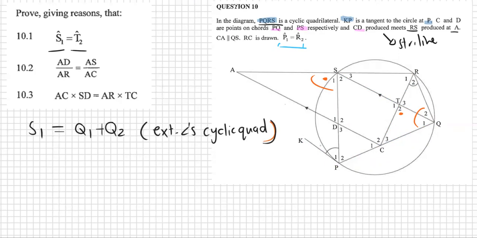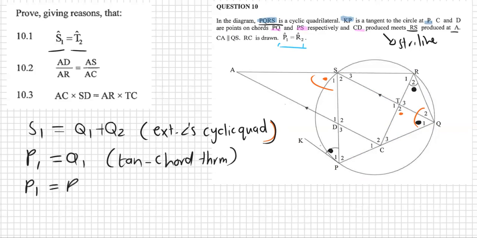Once we've got that down, we also figured out that P1 equals Q1, and that's because of the tan chord theorem. Then we had that P1 is also equal to R2 because it was given.